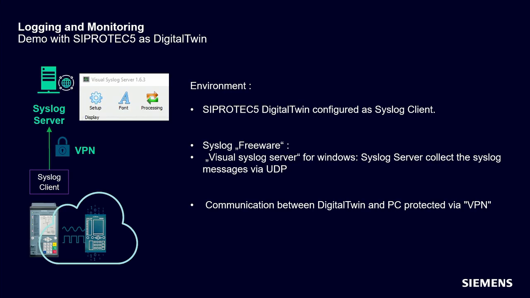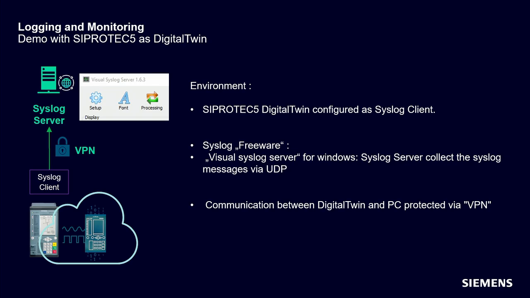Let me explain the demo environment. As syslog client, we have a SIPROTEC 5 device. Not as a physical device, but as a virtual device, the so-called SIPROTEC 5 digital twin. Also for you as a customer, you can get access to a one-to-one simulation of the SIPROTEC 5 device in the cloud.